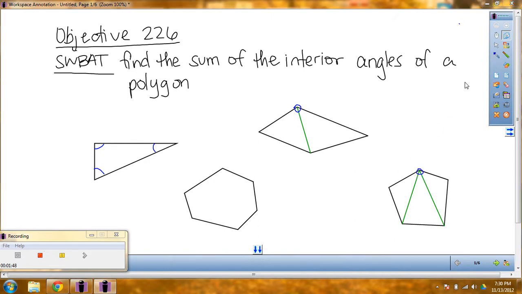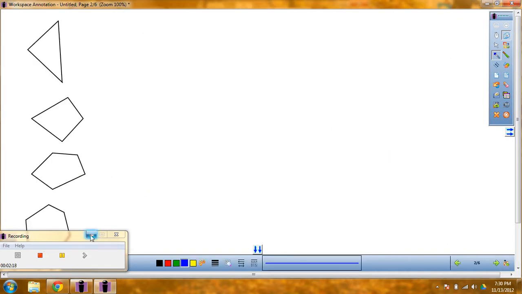In the last shape, if we start with our vertex here, we have our adjacent ones, so we can move to 1, 2, 3 potential diagonals. Again, there are many more diagonals overall, but coming from one vertex, these are the different diagonals we can come up with. Alright, so let's arrange these shapes in sequential order according to their size, like this.